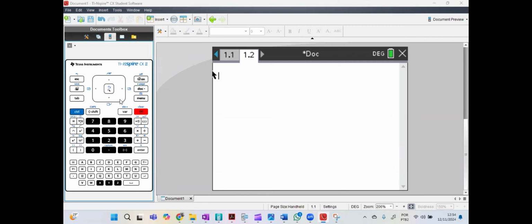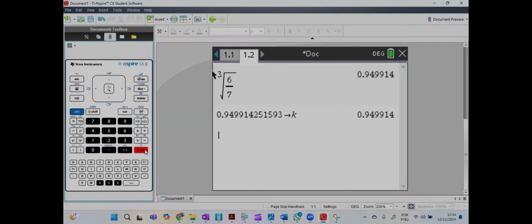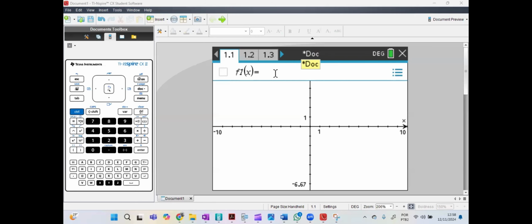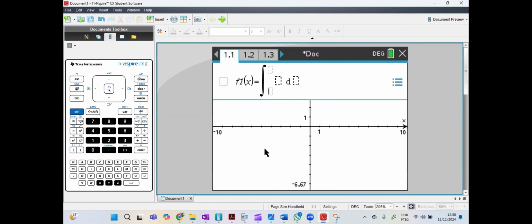Here in the Nspire, we first calculate the cube root of 6/7, pressing Control, and then we insert 3 here, 6/7, enter. To store it, we have here the key store on top of var. So Control, store, and then we select K, that's our letter, and then from now on, K is this value. Then we insert the integral by pressing this book and then selecting numerical integral.